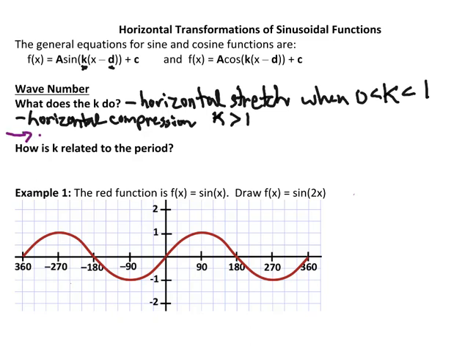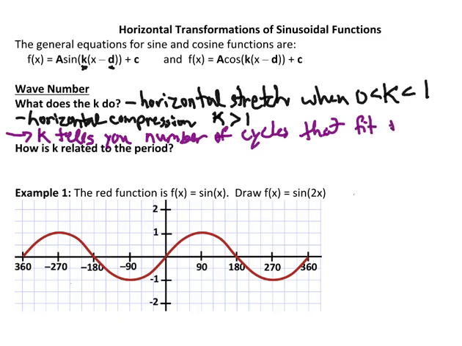The k actually tells you that. So k tells you the number of cycles that fit in 360. That's why k is called the wave number. It tells you basically the number of waves in 360.